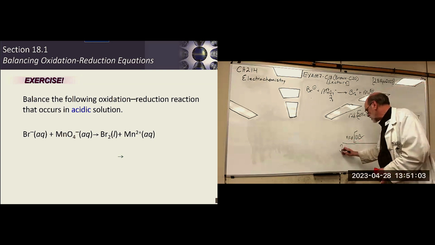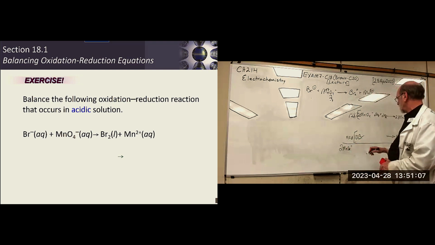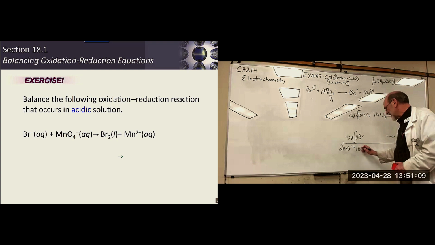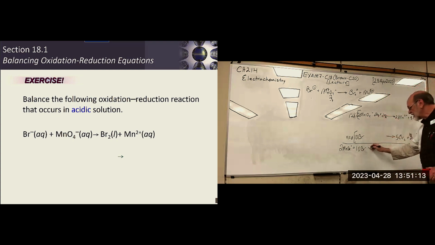So we have 2 MnO4 minus plus 10 Br minus plus 16 H plus yields 2 Mn 2 plus, 5 Br2 plus 8 water.